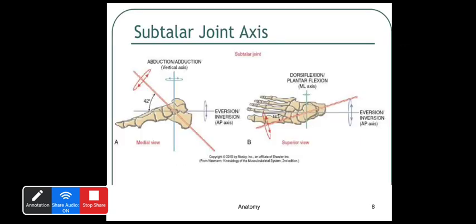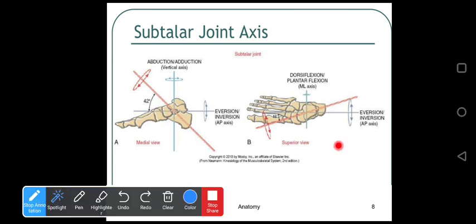So what about the axis for these movements? The axis passes upwards, forwards, medially. You can see here upwards, forwards, and in this superior view you can see it is going medially, through the sinus tarsi. So that is very important. What is sinus tarsi? Hope the sinus tarsi is clear for you from the osteology demonstration.